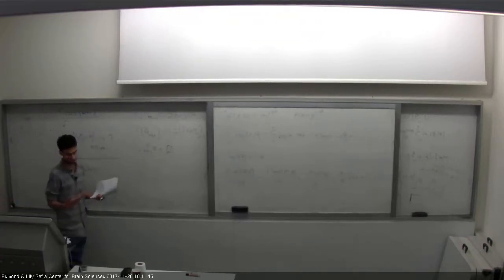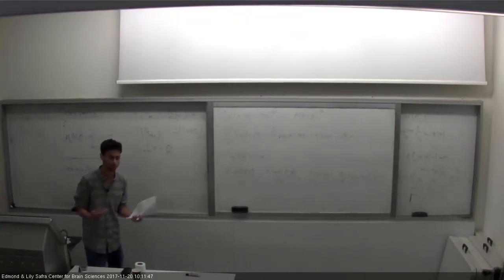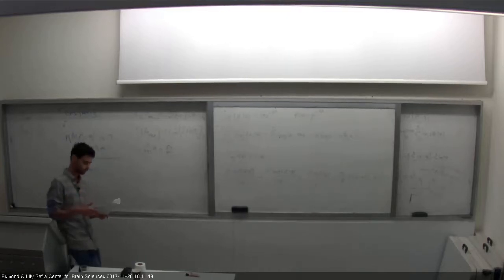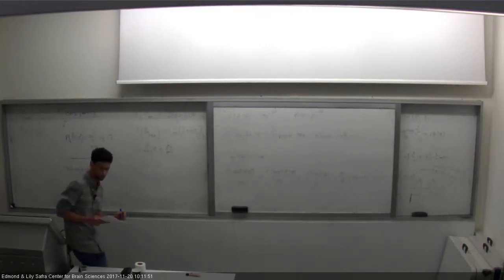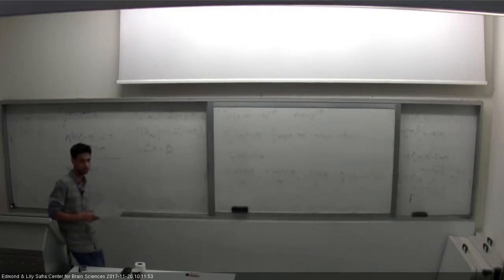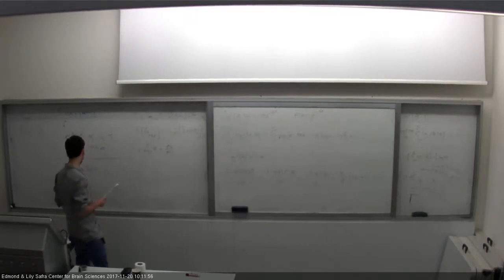We want, of course, that the estimator in the expectation will be equal to the real parameter. So an unbiased estimator is an estimator whose expected value is equal to theta.